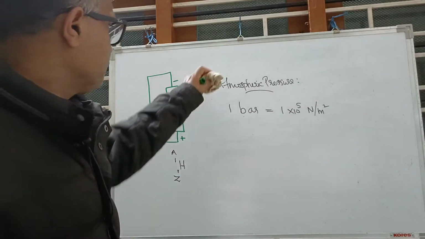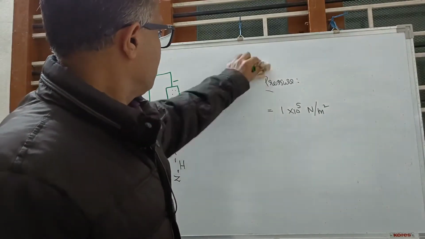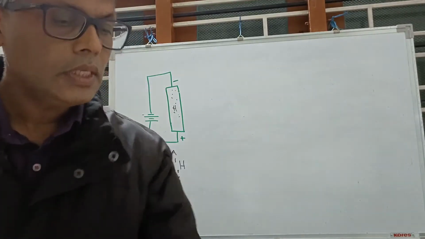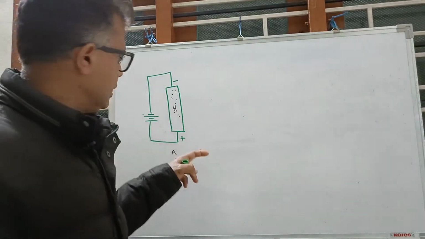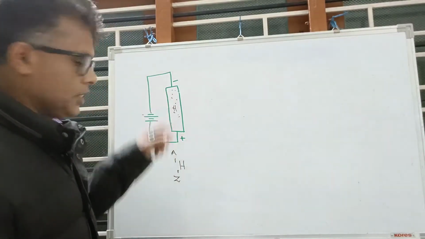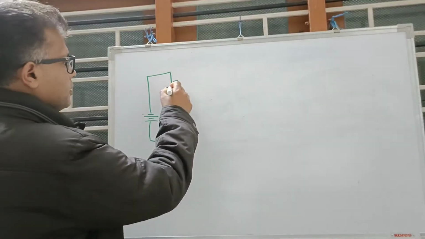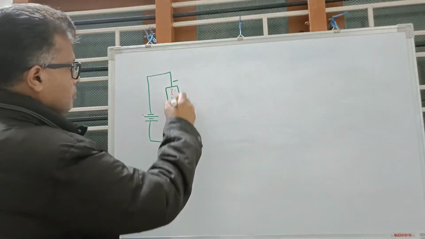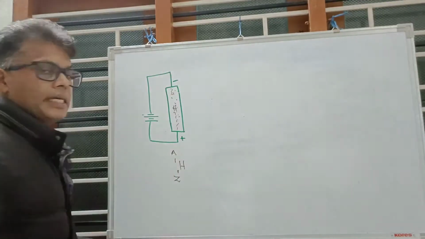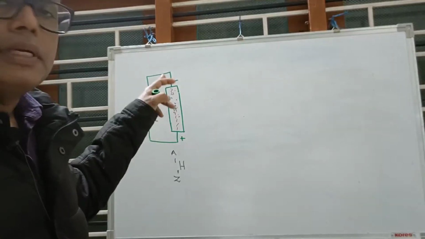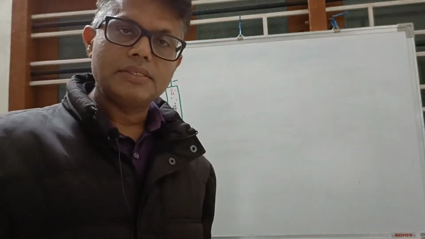Clear, no? So, this hydrogen gas is now given a charge. Charge means what is going to happen? The electric current is going to pass like this, from positive to negative. So, the atoms inside are now getting charged.